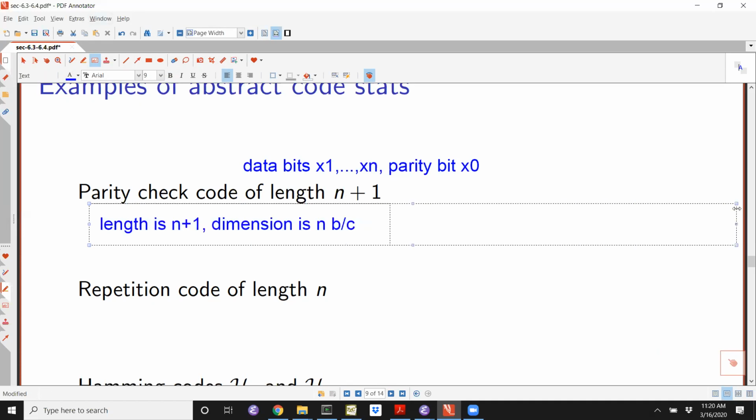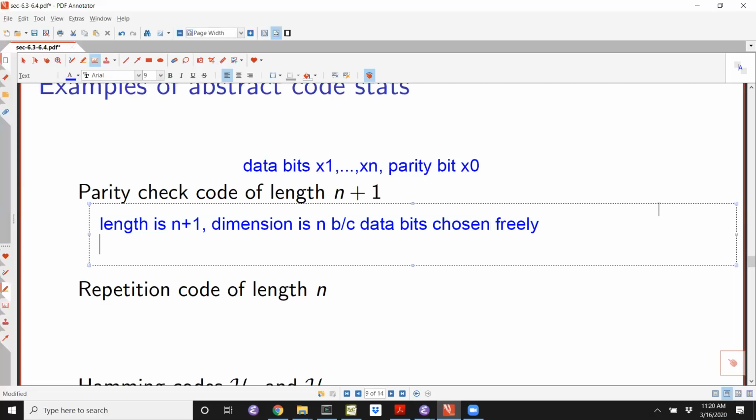I could not get it to work before, because the data bits are chosen freely. And any non-zero code word has an even number of ones.